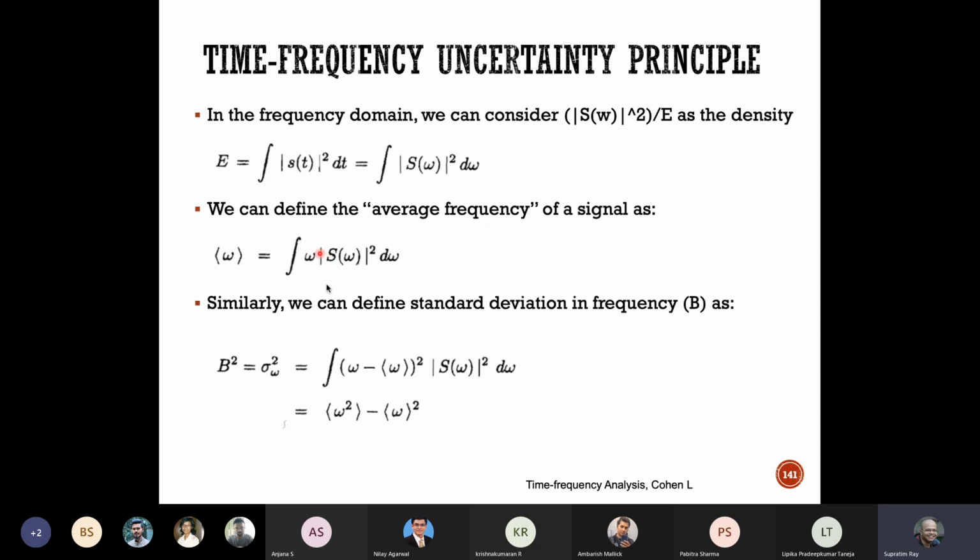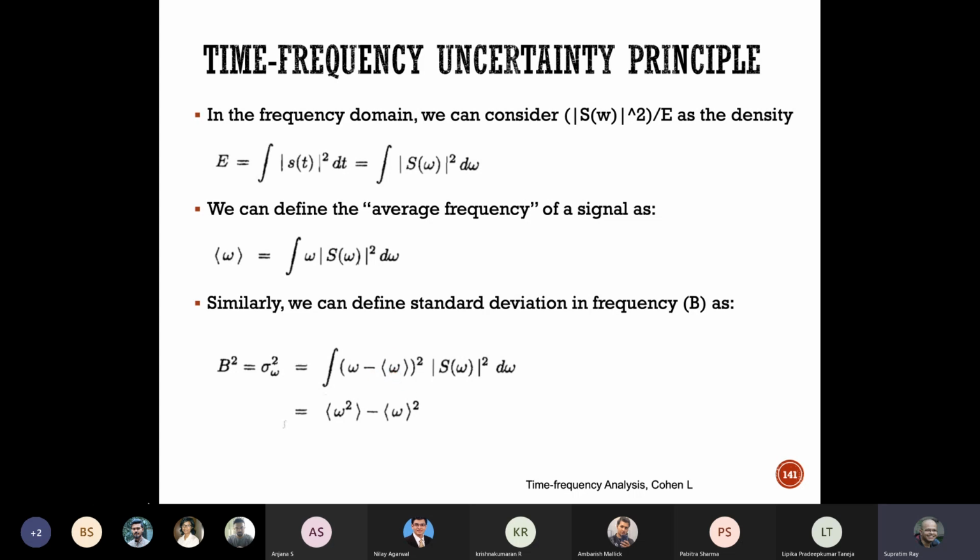This is just thinking of this particular function, |S(omega)| square, as the energy density function. So this is where the average frequency is. And I can also again define the standard deviation, which is the variation in frequency about the mean frequency.